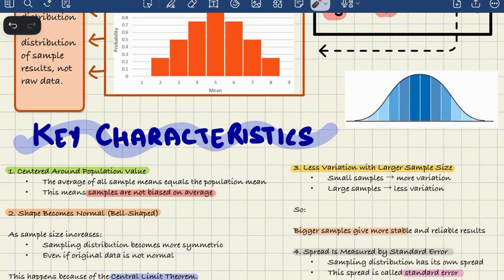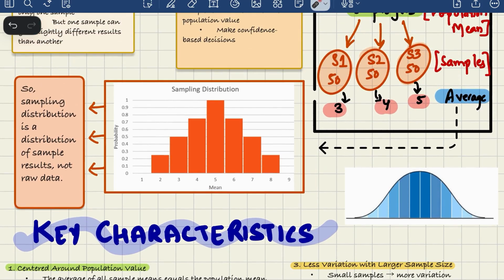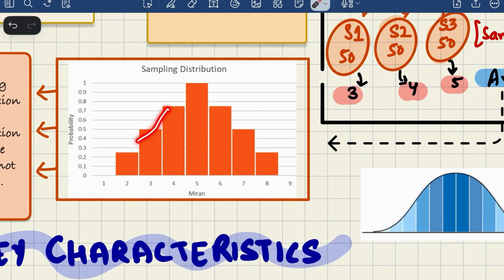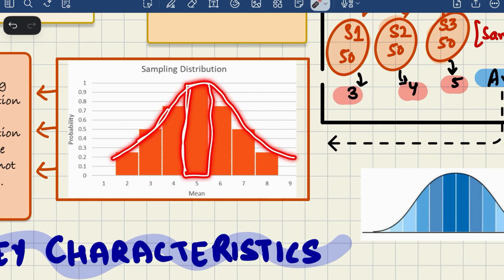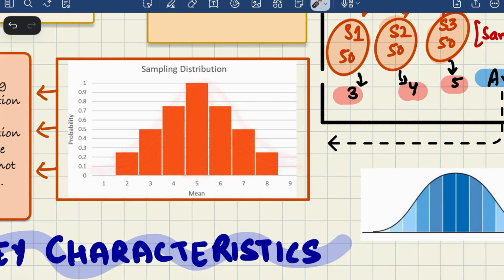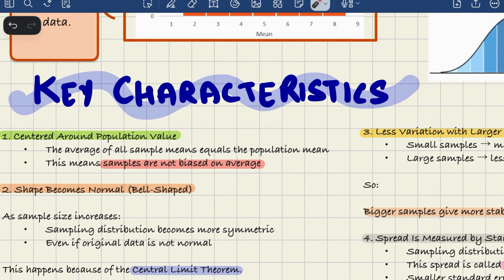Why do we say it is bell-shaped? Because most sample means are clustered near the center, while extreme values are increasingly rare. You see we have a bell-shaped curve, with most sample means around the center and very few extreme values.